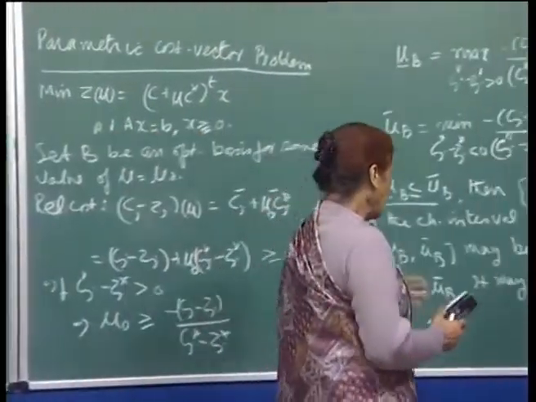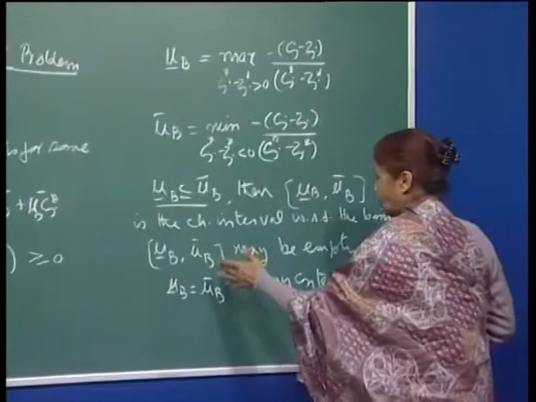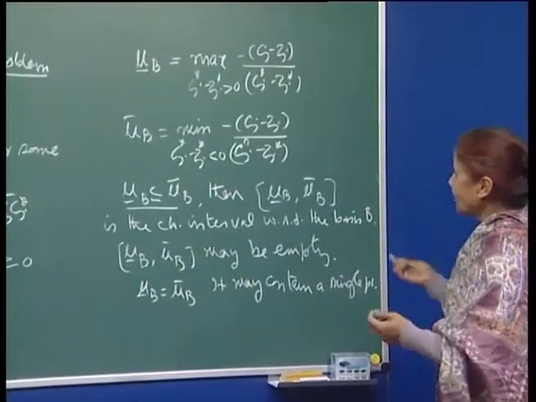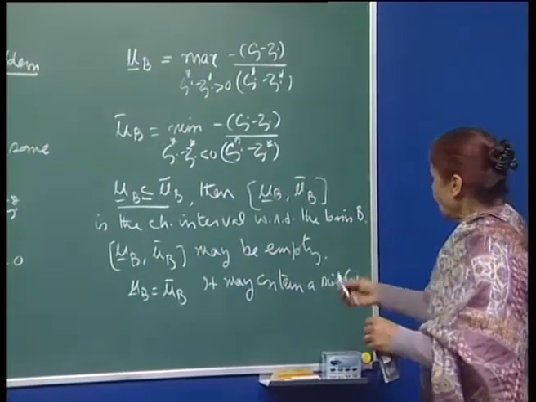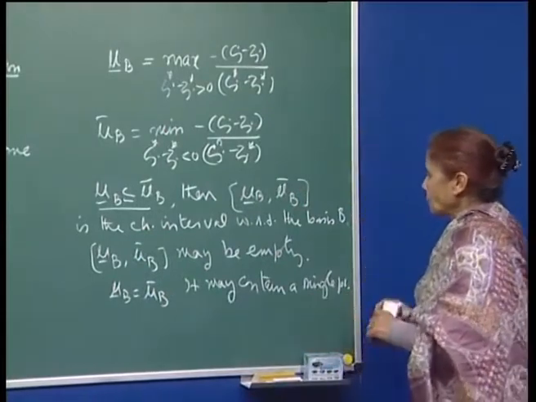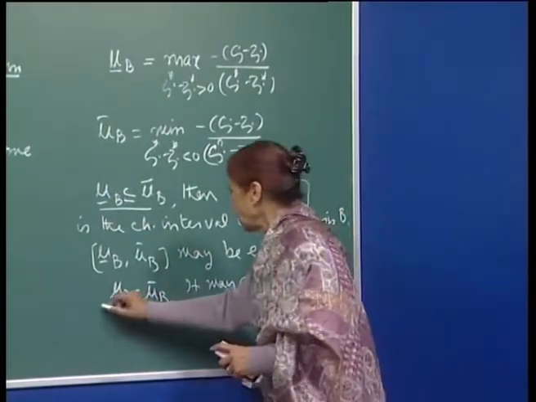And also with the same argument you can show that the overlapping intervals will not be there. The characteristic intervals will not overlap. Why? So now it may contain a single point, or otherwise it is a proper interval. So fine. Once you have this, then you may want to proceed.